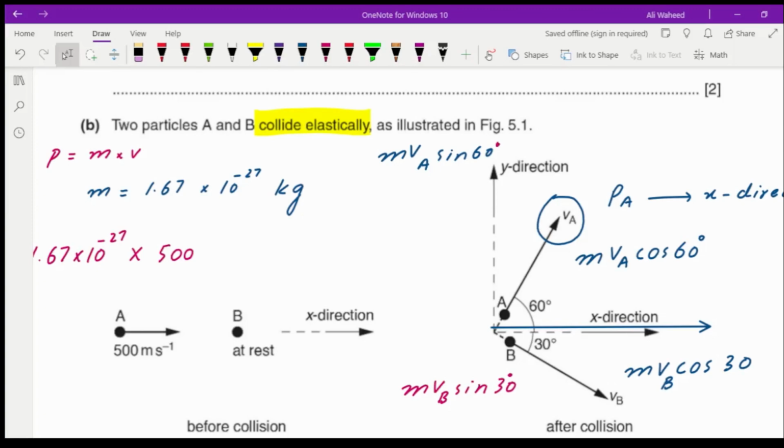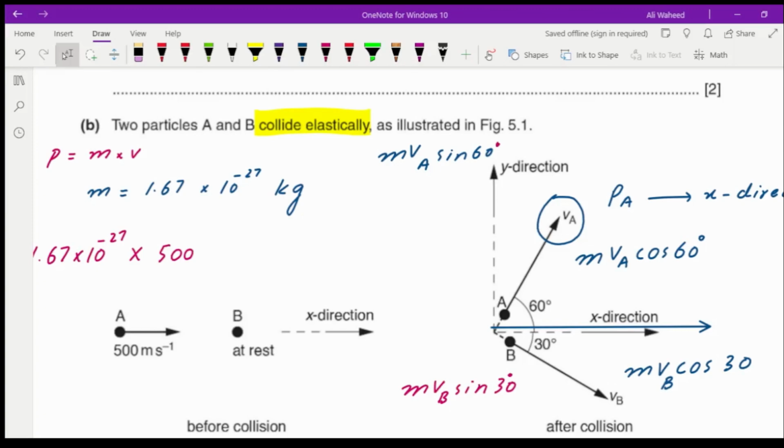These equations for the momentum only work if you're moving in a straight line. But if you're moving in 2 dimensions, in x-axis as well as y-axis, then we cannot use these equations as it is. Same was the case for the projectile motion. The equations of motion work only if the object is traveling in a straight line and with uniform acceleration.